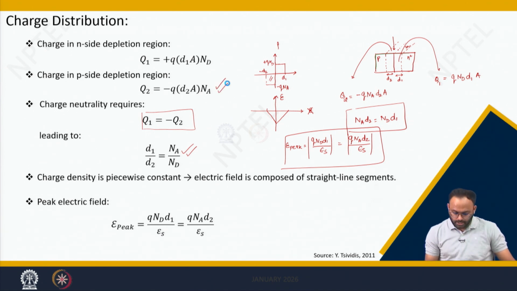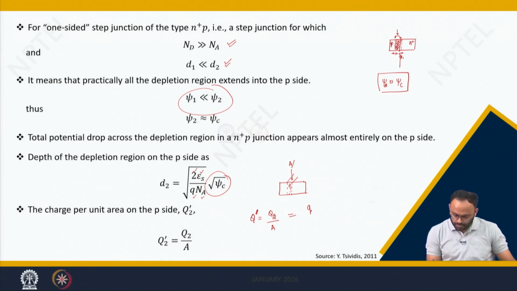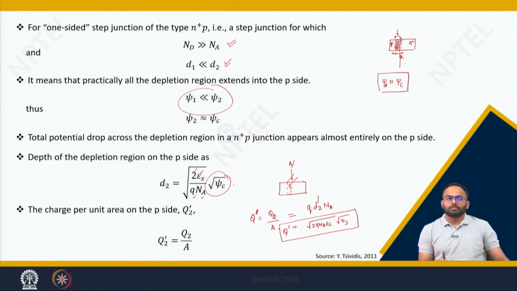So ultimately it is Q into D2 into Na, where you can put in the D2 value from here and you will get the square root of 2 into Q into Na into epsilon s into psi c. This is nothing but the charge per unit area in the depletion region at the P side.